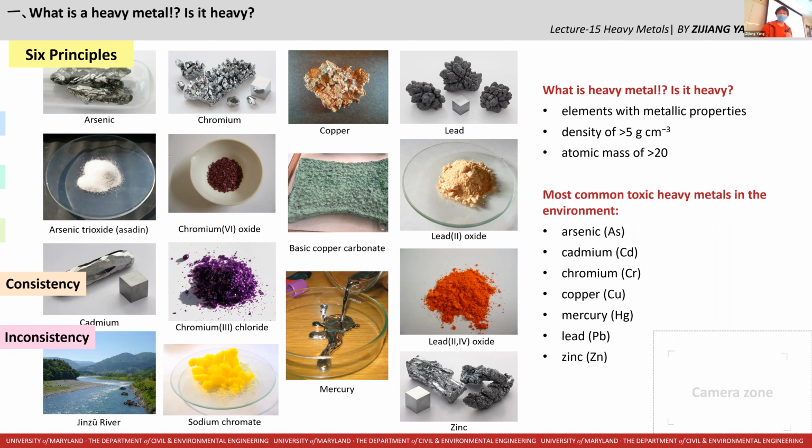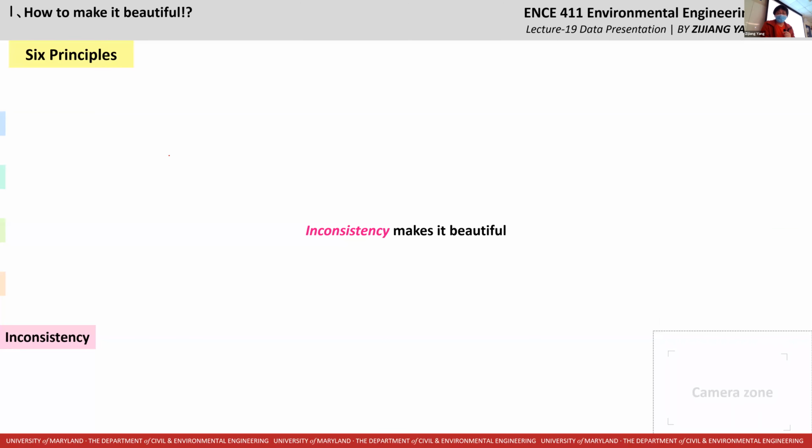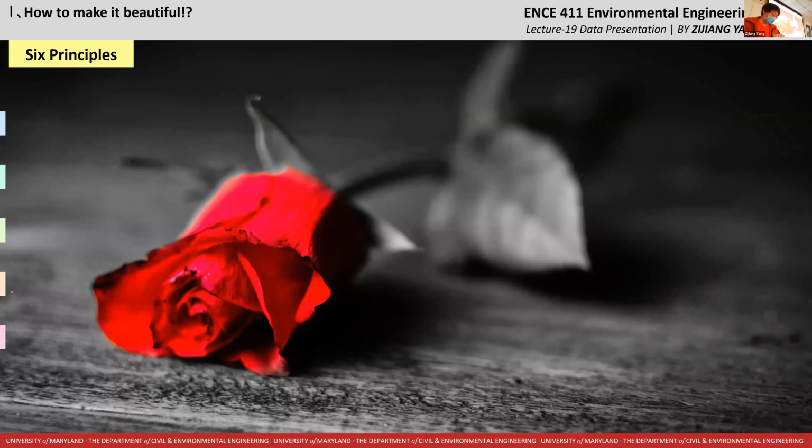So the fifth principle, I would say, is inconsistency makes it beautiful. This is a little bit contradictory with consistency, so basically we may need to find the balance between consistency and inconsistency. Here is a very classical example of the rose.